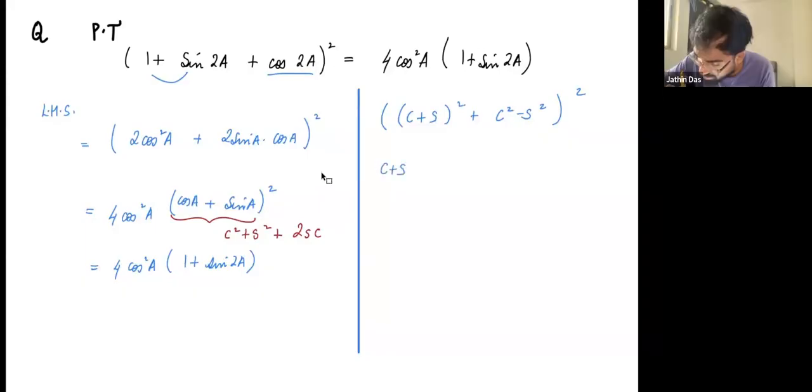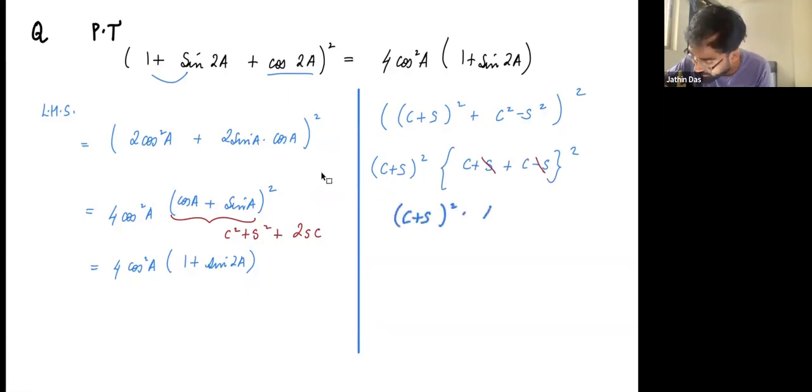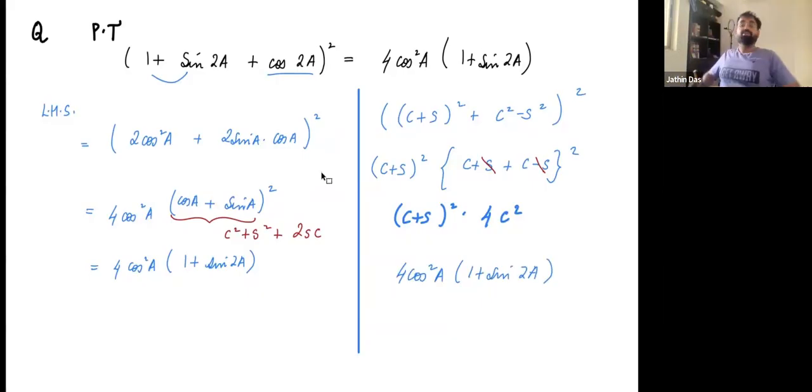So cos plus sin will come outside, and inside, cos plus sin plus cos minus sin. These two cancel. So 2 cos, and cos plus sin whole square, into 2 cos, 4 cos square a, and sin plus cos whole square is 1 plus sin 2a. Done. So any method you think of, you will get the answer.